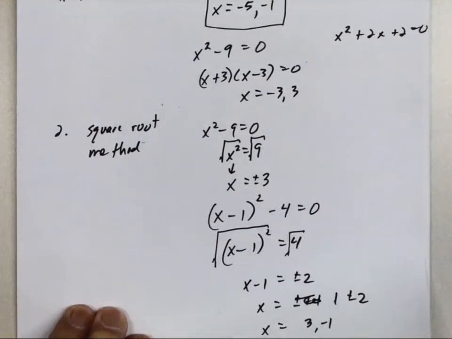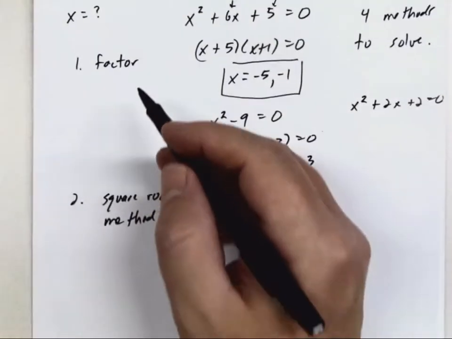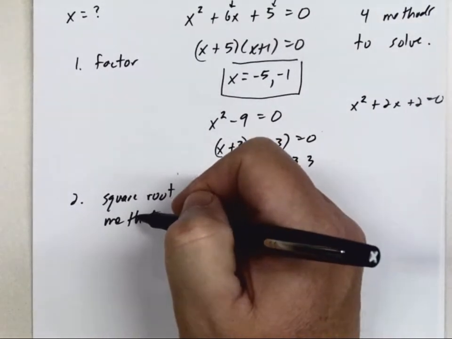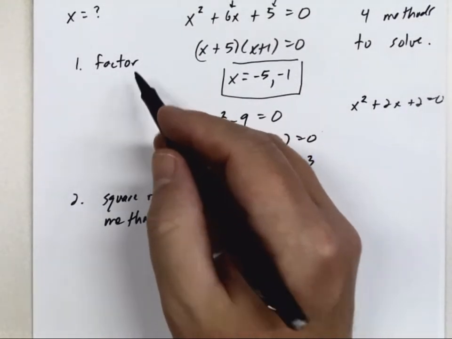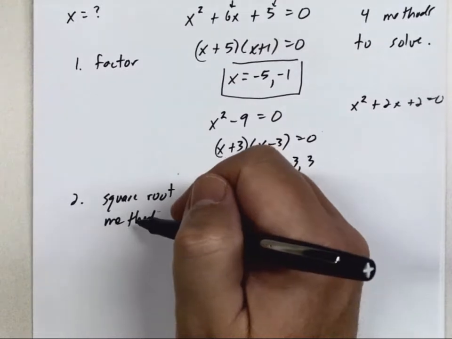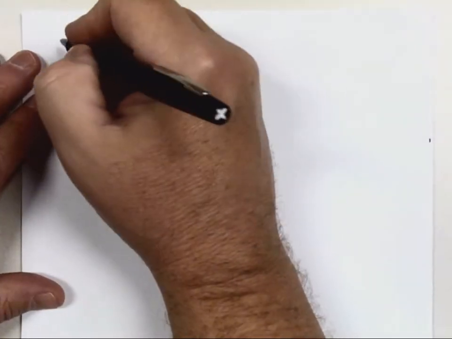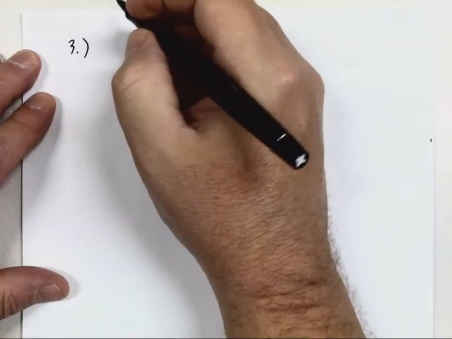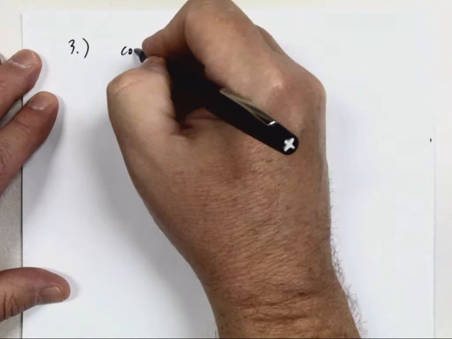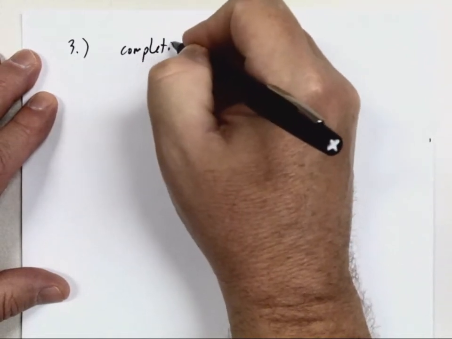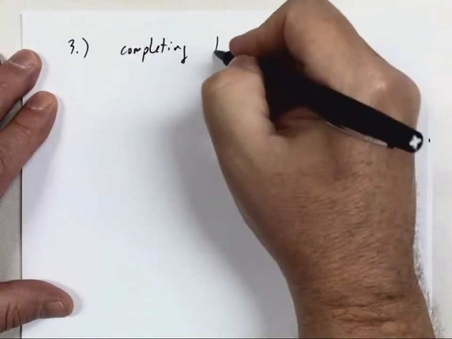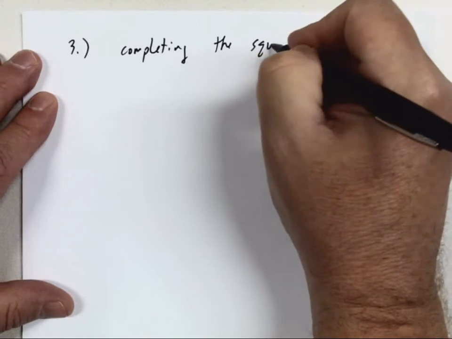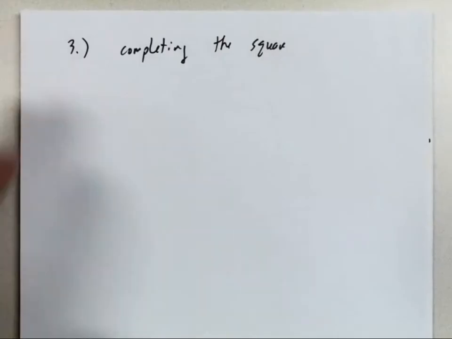Now, the first two methods, factoring and the square root method, work sometimes. And usually, if you can use them, it makes the problem pretty easy to solve. However, the third method to solving is completing the square. In my experience, most people do not use this method to solve quadratic equations.